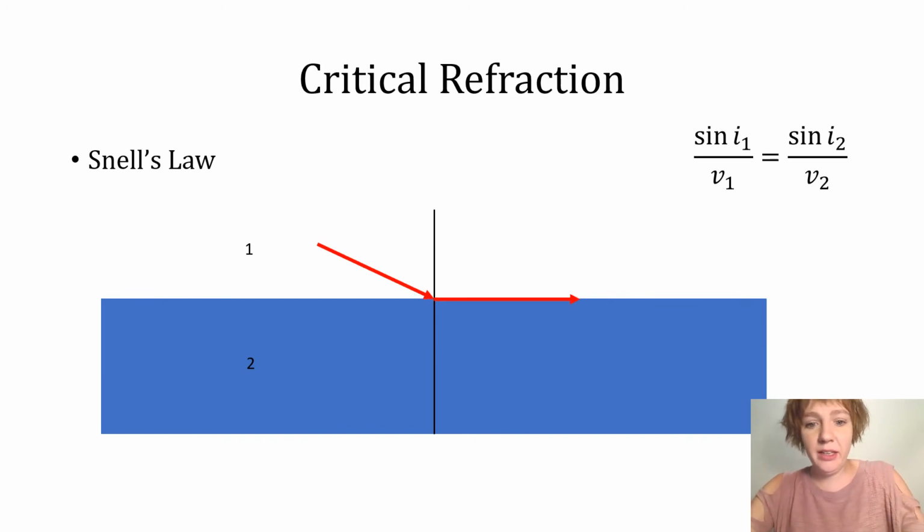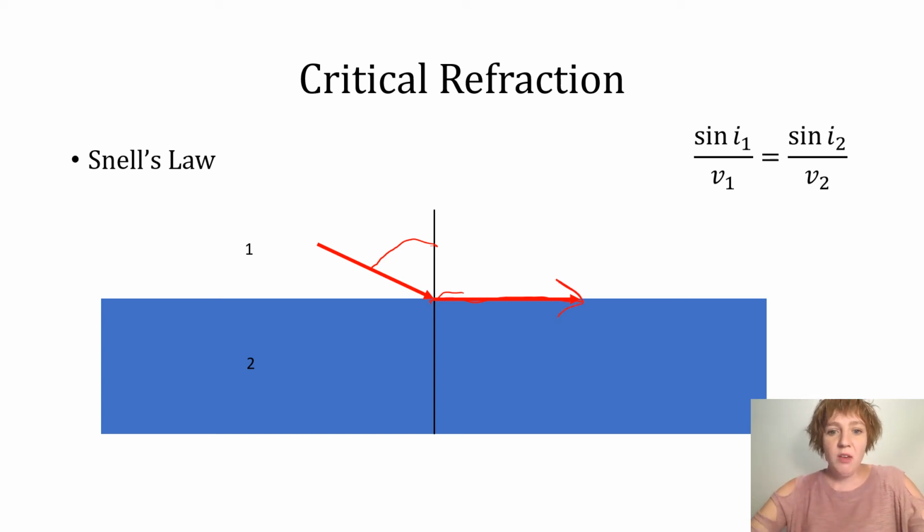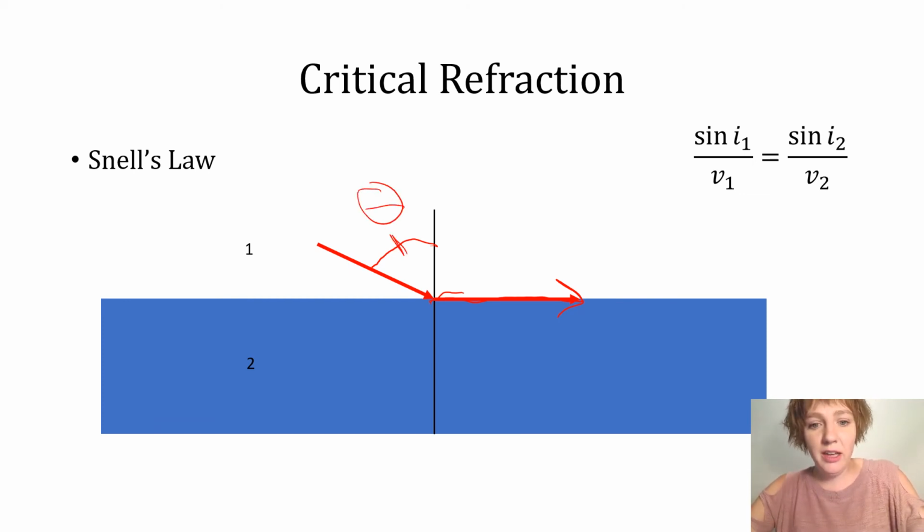Eventually, you can get to an angle that is large enough that none of that incoming wave energy makes it down into the second medium. Instead, it bends right at the boundary line, right onto the boundary line. We call that the critically refracted wave, and we call this angle the angle of critical refraction.